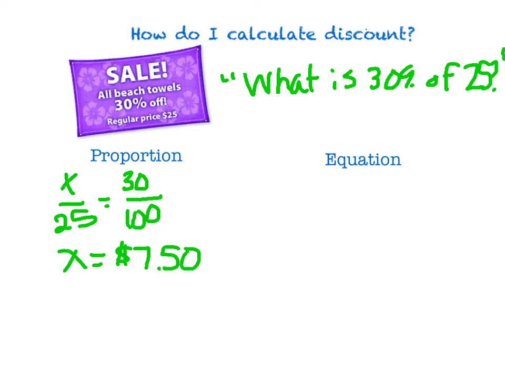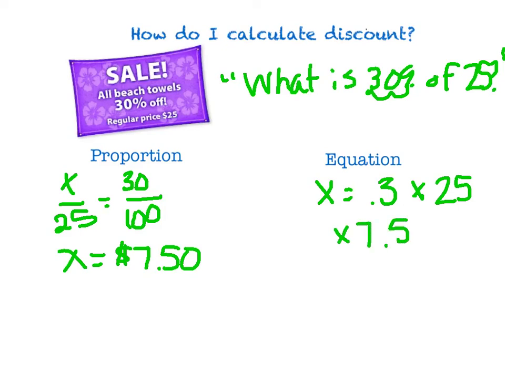All right, the equation method, you do the same thing like we did before. I'm going to change this to a decimal. X is equal to 0.30 or 0.3 of means times 25. So on my calculator, I take 0.3 times 25, giving me again $7.50.